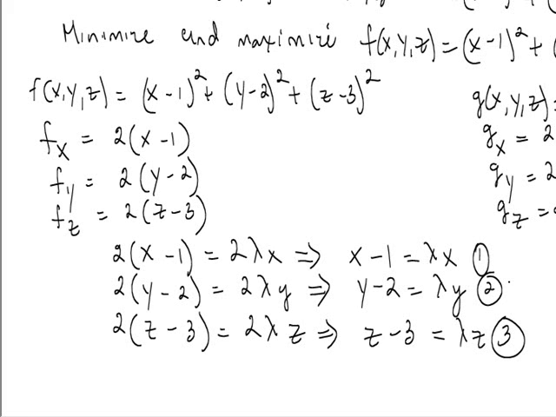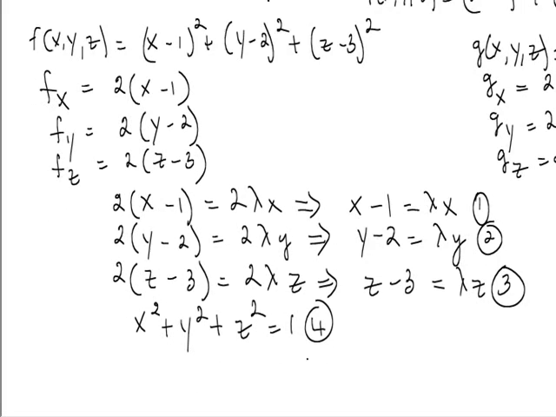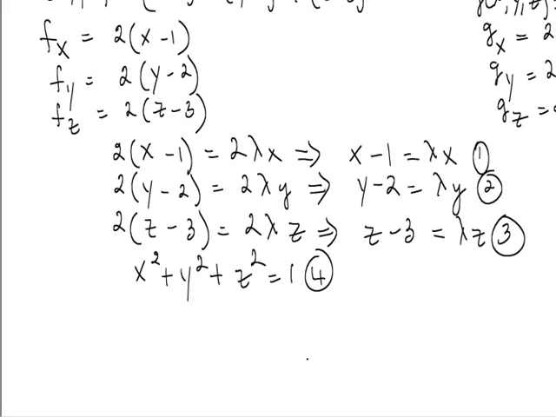Now, and of course, we forgot the constraint. x squared plus y squared plus z squared equals 1. Yet another trick. Look at these 3 equations, the first 3. What can you do with these?